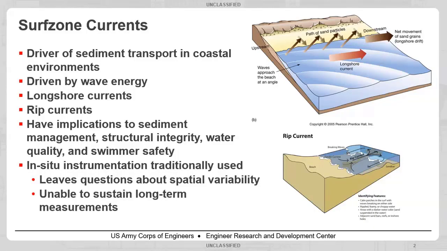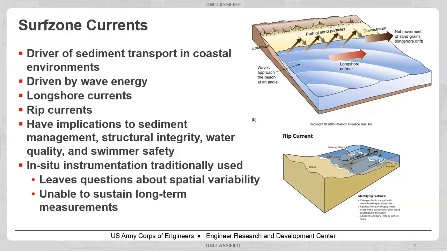As everyone in this room is aware of, as well as most of the people online, surface zone currents are crucial when it comes to sediment transport in the coastal environment. These currents are driven by wave energy and can be split between alongshore currents, typically just referred to as longshore currents, and cross-shore currents, specifically rip currents, which we were interested in with this work.